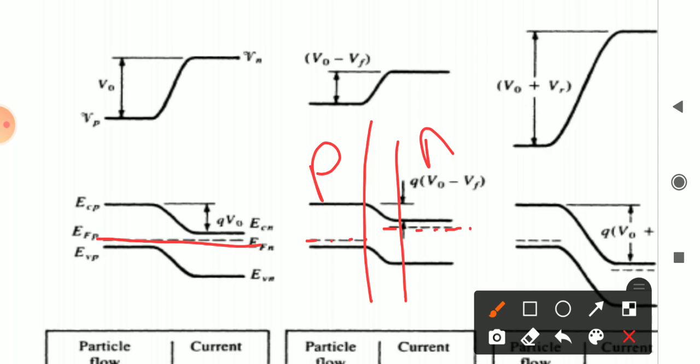That is nothing but Q times Vf. So this gap is nothing but Q times Vf. The Fermi level gap is there, no? So that gap is the height of the electron energy barrier, simply Q times the height of the electrostatic potential barrier. Thus the bands are separated by Q times V0 minus Vf under forward bias.